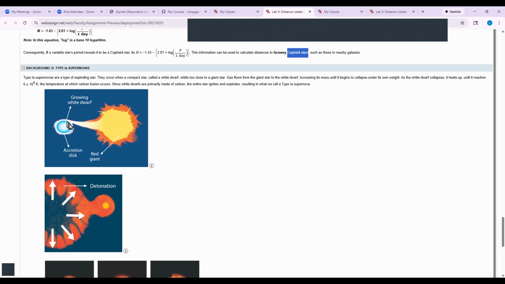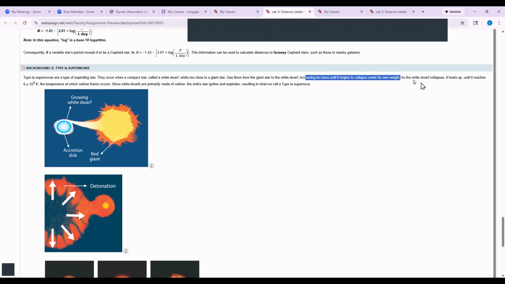Near that object, it creates an accretion disk as the material comes to the white dwarf. Then the mass of the white dwarf increases until it begins to collapse under its own weight.